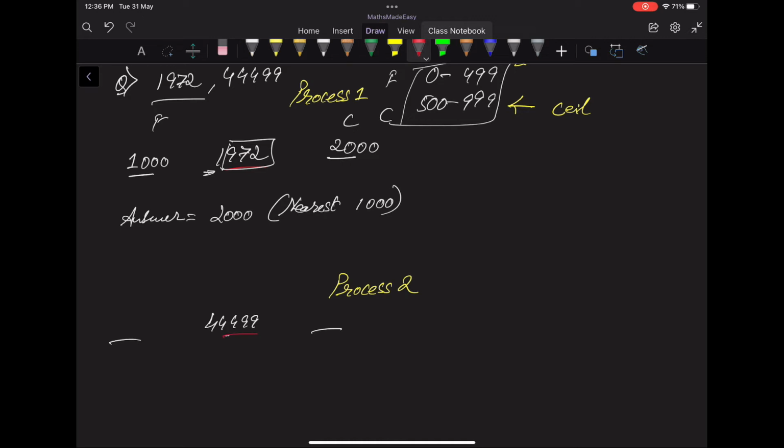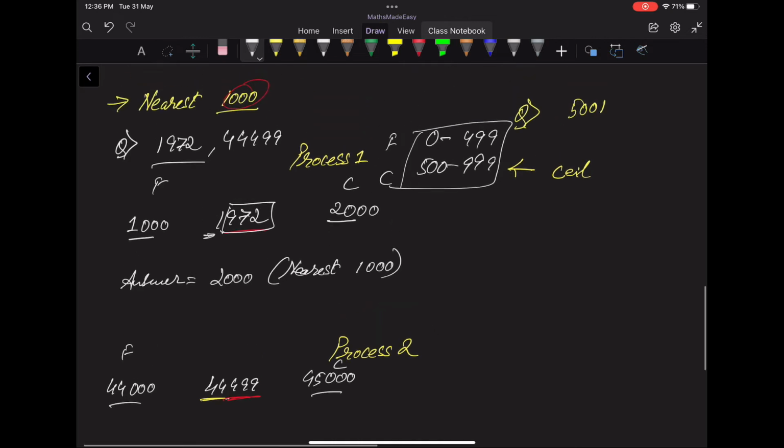Nearest 1000 means these 3 numbers will be 0 on both sides, and the part which is unchanged, that is 44, we are going to be placing here, and 44 plus 1 we know is 45. So we have both the 1000 groups on both sides. This is floor, this is seal.